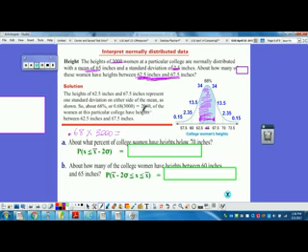That should equal about 2040. So 2,040 women should be between the heights of 62.5 and 67.5. That's what I would expect.